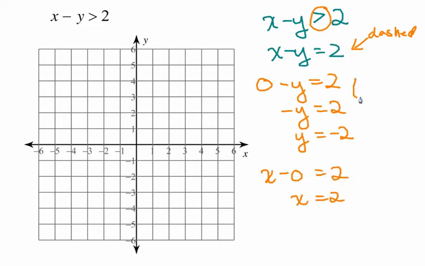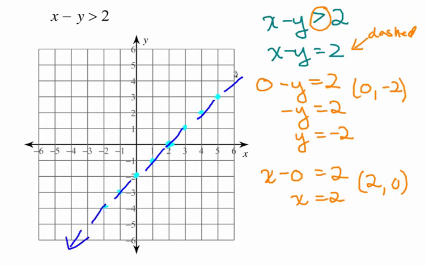So when x equals 0, y equals negative 2, and when y equals 0, x equals positive 2. So we have points at (2, 0) and (0, negative 2), which means that between them we've got a slope of 1, and we can connect our line here, making it dashed, of course, because this was a greater than but not greater than or equal to inequality.